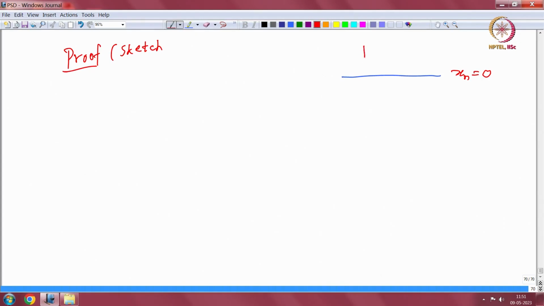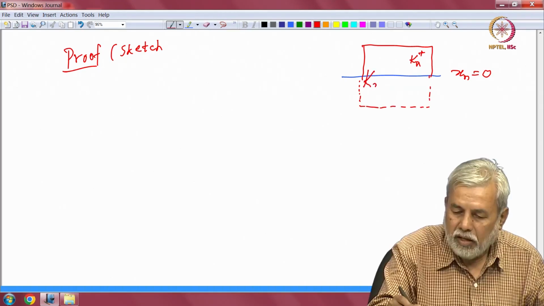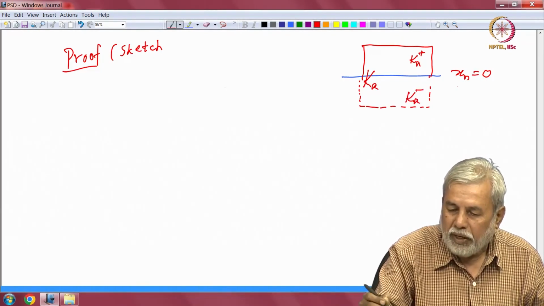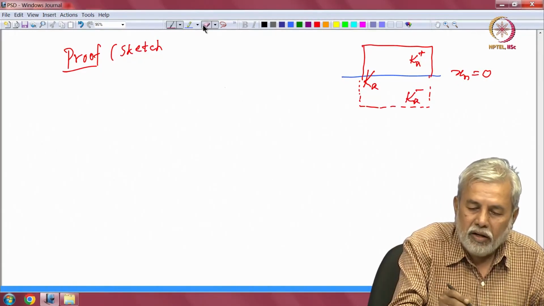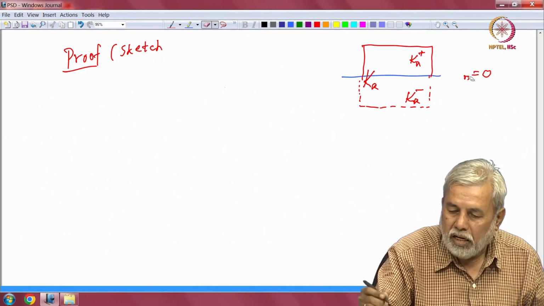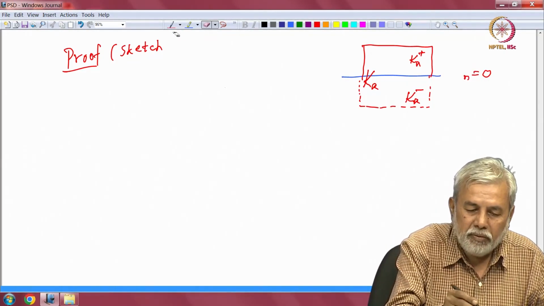Okay. So, this is x_n equal to 0, and this is Ω⁺ and this one Ω, the whole thing is Ω, or you can also call this as Ω⁻, where y_n is, okay, this is not x_n, this is y_n.